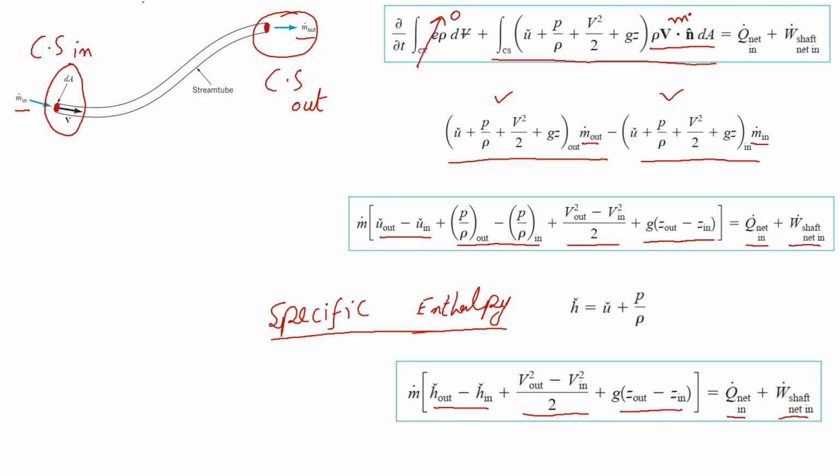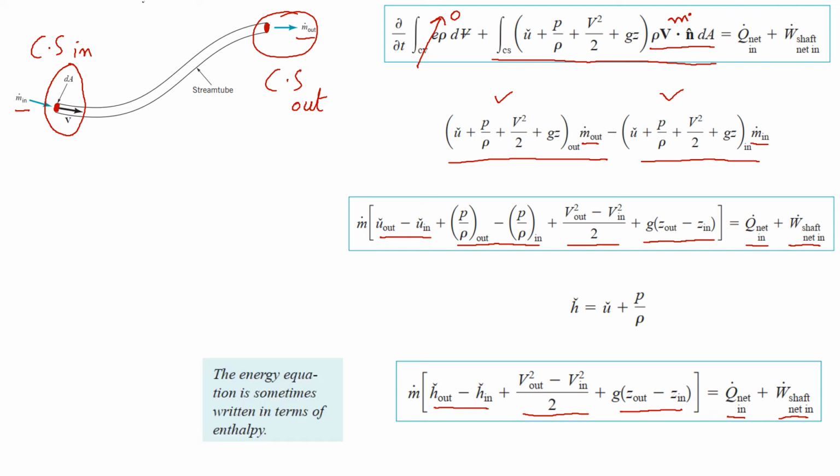So this is what our final form of energy equation, if we want to write it in terms of enthalpies, will look like. And sometimes we will like to write our energy equation in terms of enthalpies to apply it on particular scenarios that we will see in the coming example.